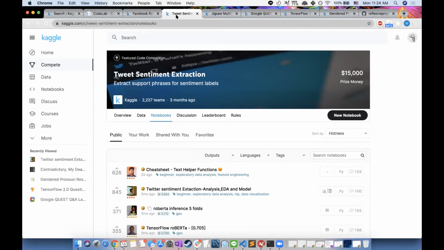And PyTorch, correct me if I'm wrong, but PyTorch serving is still not as good as TensorFlow model serving. But does anyone have any different thoughts? Is that still the case? Or PyTorch is getting better on serving, model serving, enterprise level.